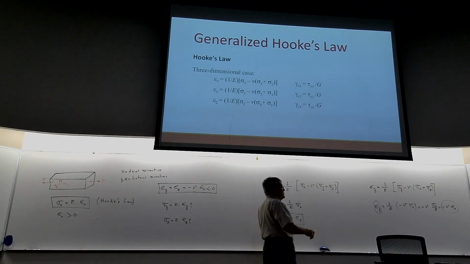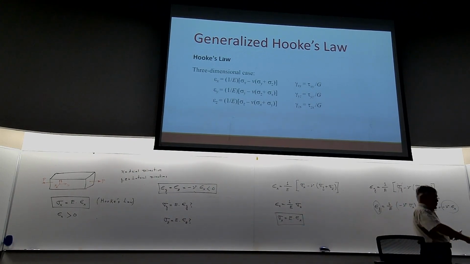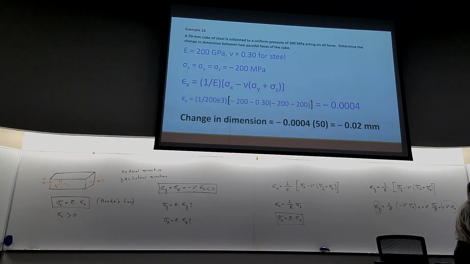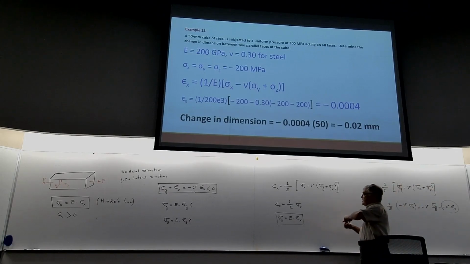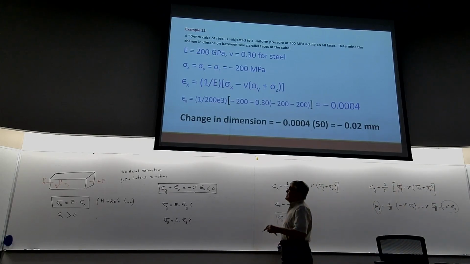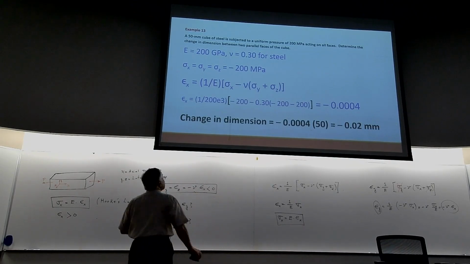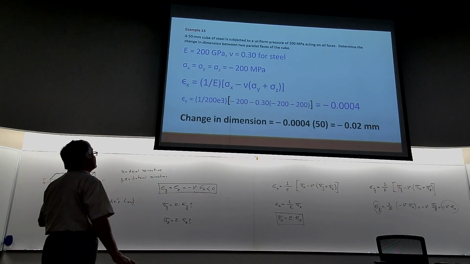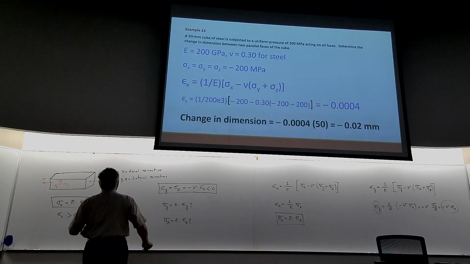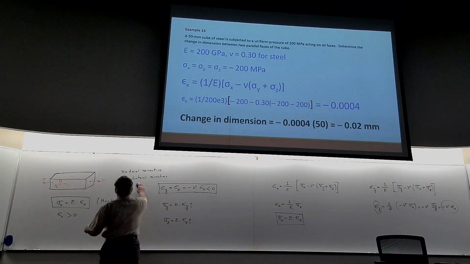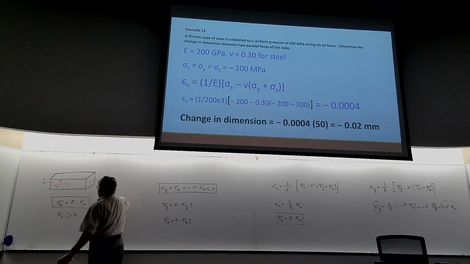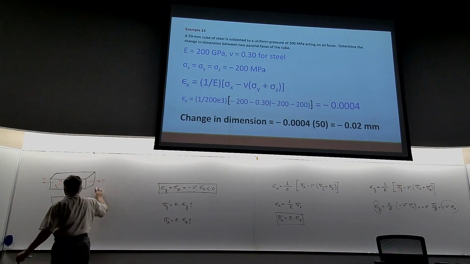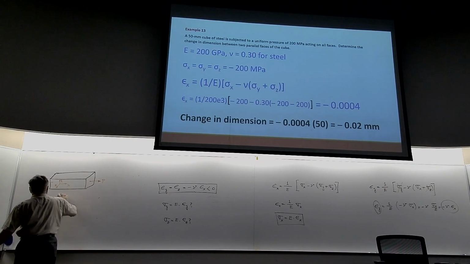But I want to do one example before we take a break, and that's this. We have a cube and it's 50 millimeters on the side. Material is steel. So we could look up Poisson ratio, which will be 0.30 for steel.